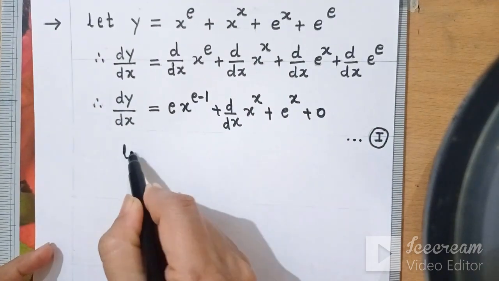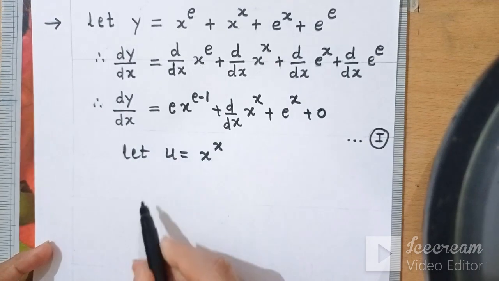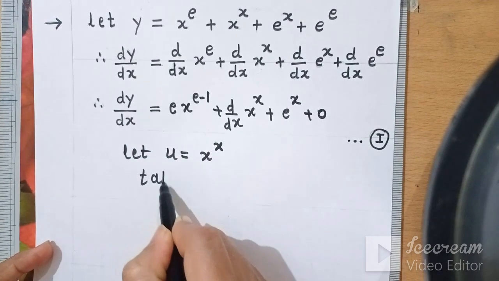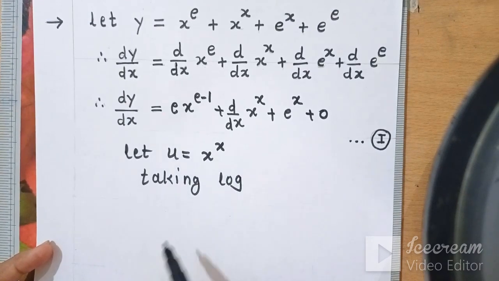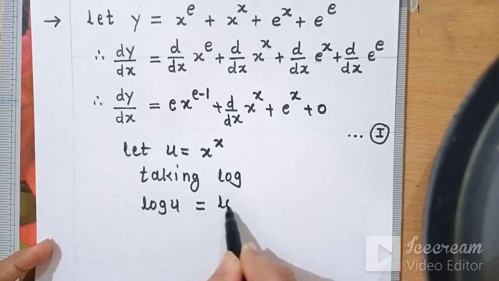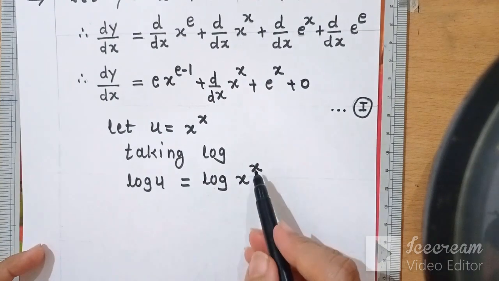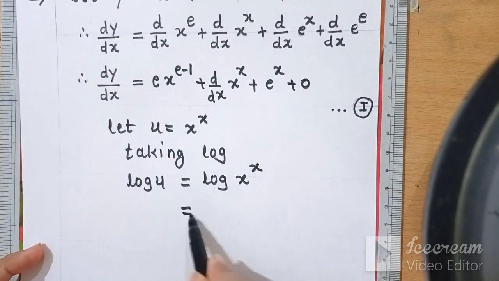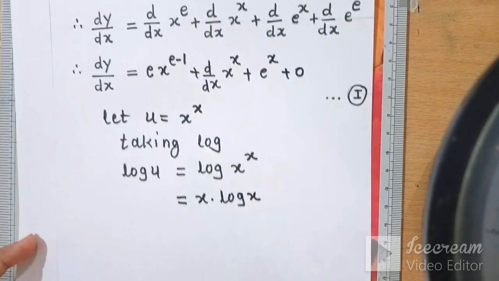So for that, first assume let u is equal to x raised to x. So taking log on both sides, we have log of u is equal to log of x raised to x. So in the next step, shift this index to the front place. So x dot log of x.